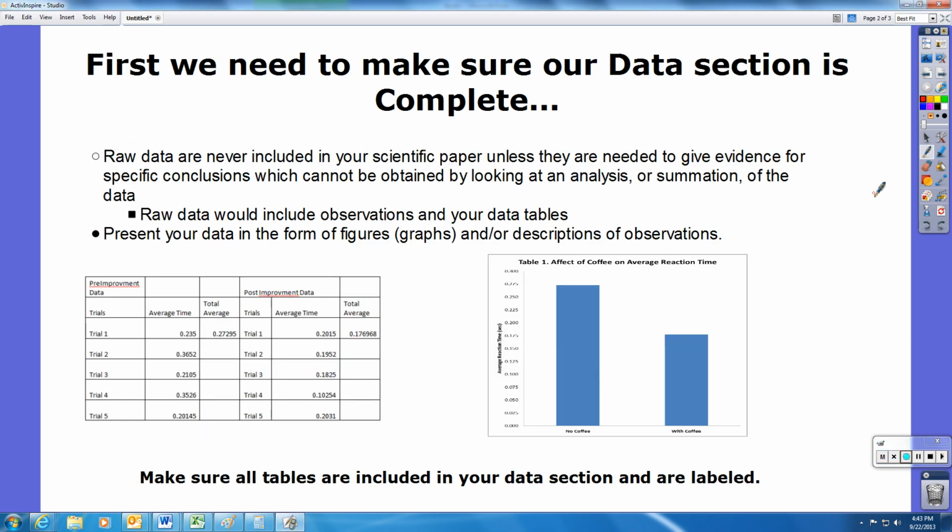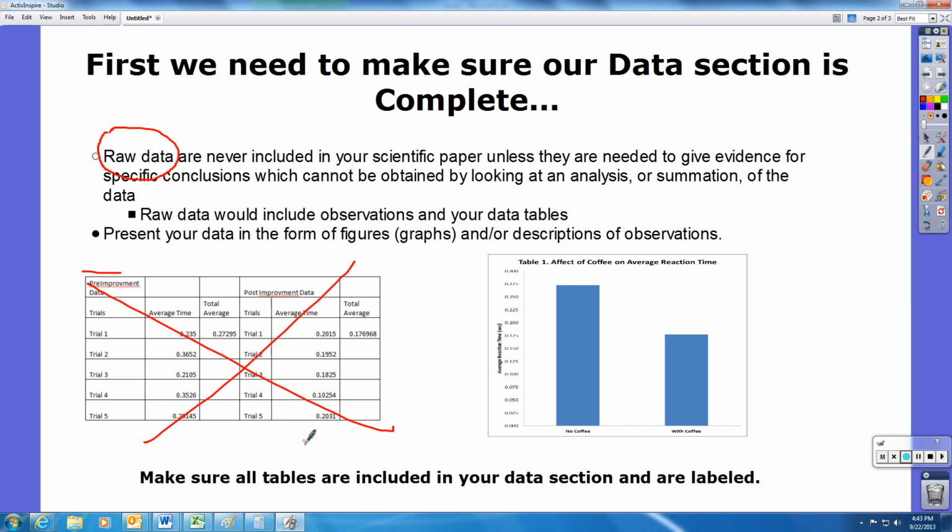So first we need to make sure our data section is complete. Keep in mind that our data section is solely just our data, but we never include raw data. So raw data would be like your tables, or observations. And we do not include that in our data section. No table in our data section.